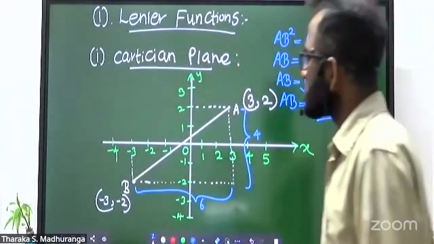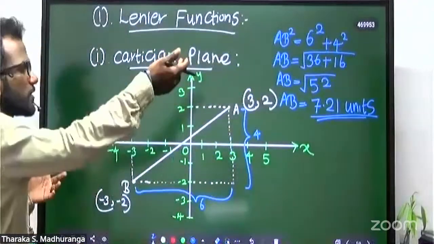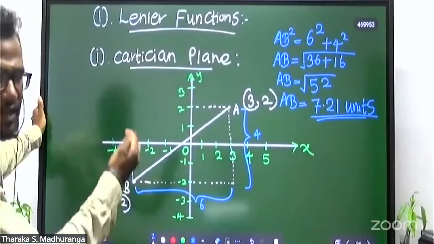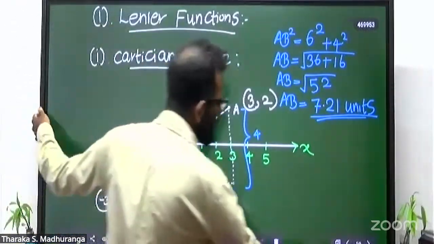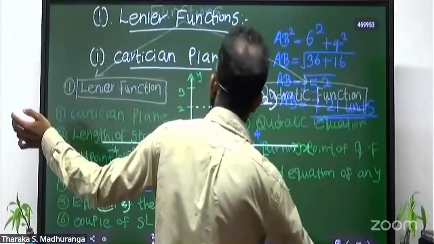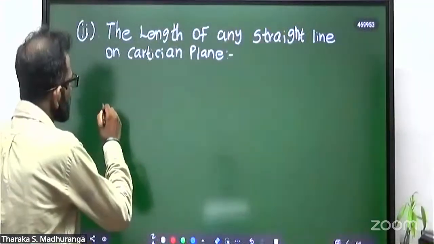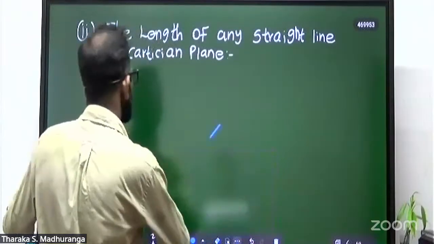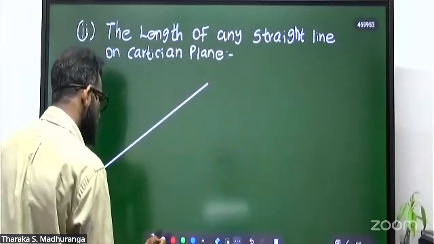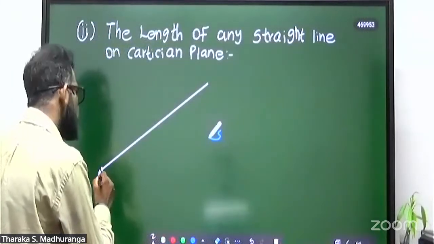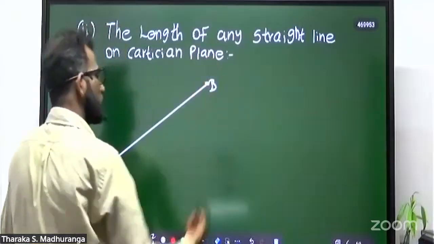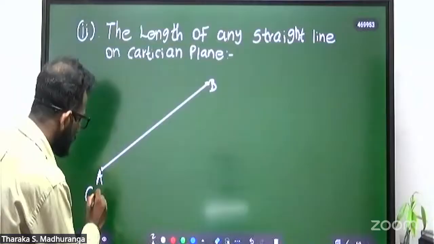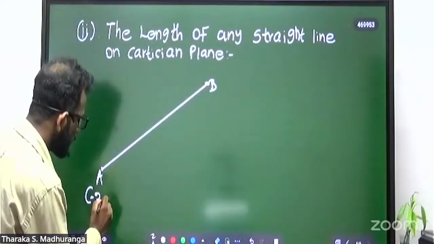Now, actually, this method is the correct one if they give the triangle. But if they give only a straight line with coordinates, this is point A and this is point B. The A coordinates are -3 and 4.